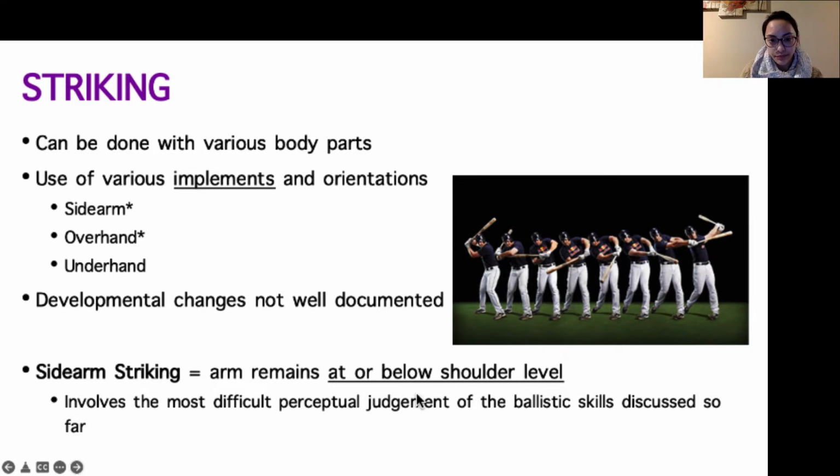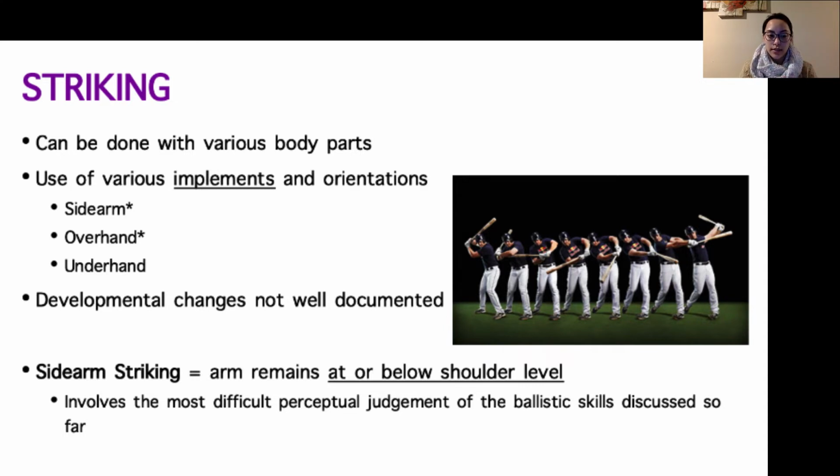Similar to punting, where you have some object moving in space and you have to use the visual information you're getting from the movement of the object with how you move your body.